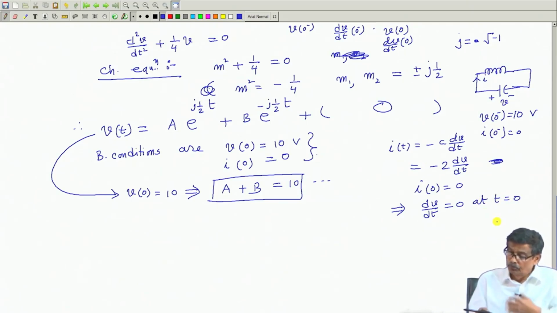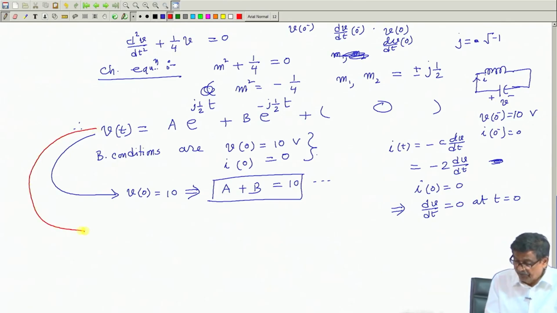Therefore, to get the other equation, you differentiate this dV/dt. See, C does not come into dV/dt, because there is 0 on the right hand side.